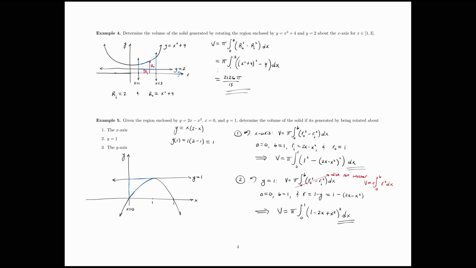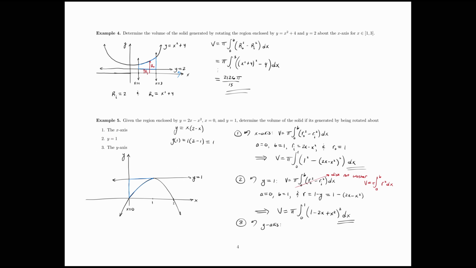Okay. Part 3. We want to take a look at rotating about the y-axis. So if we take this same region here and rotate about the y-axis, we have a slightly more substantial change.